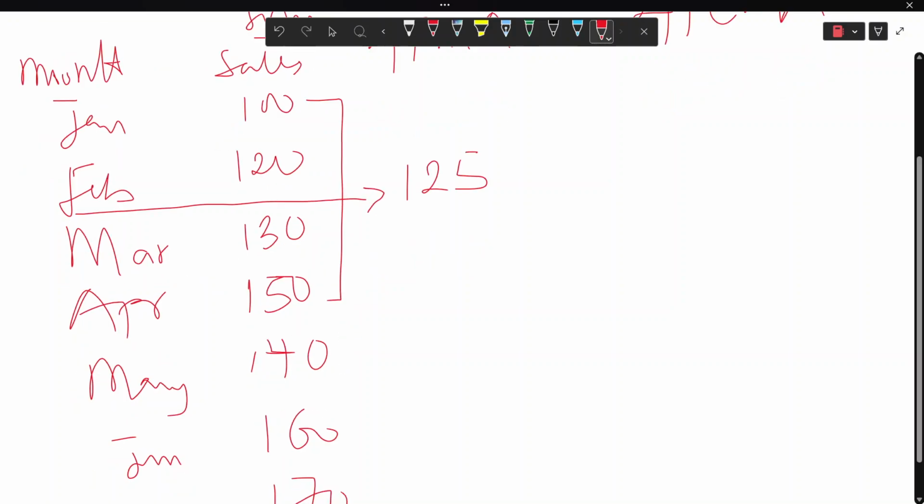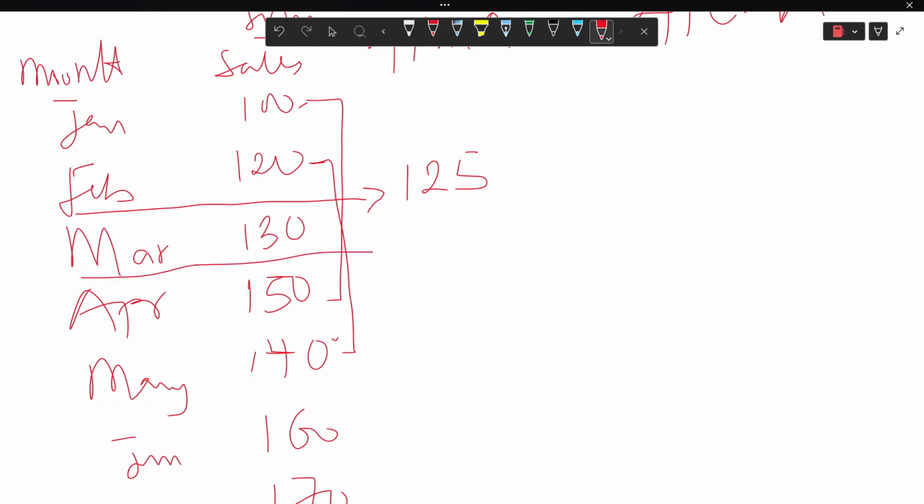Then as we move, we drop the first one and add a new one. So the next one is from 120 to 140: 120 plus 130 plus 150 plus 140. Then the average becomes 135.